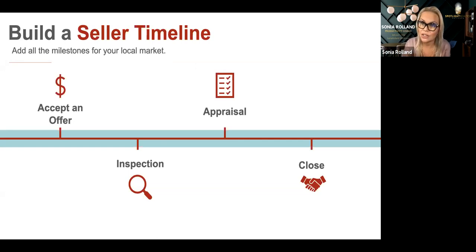Lenders have those a lot of the time, title has them. So there's a lot of material out there. Just make sure you include a timeline in your presentations, and you're welcome to use that paper I just gave you. Then tell them, this is what it is unless we change it.